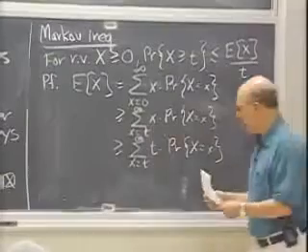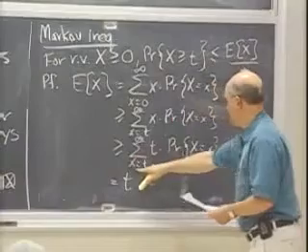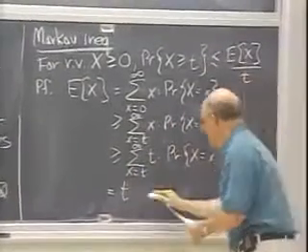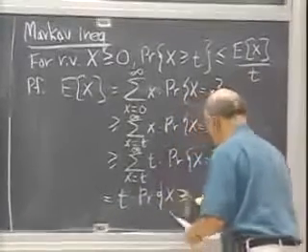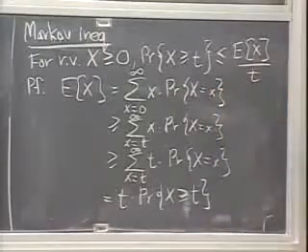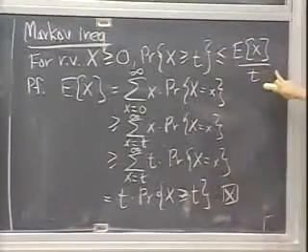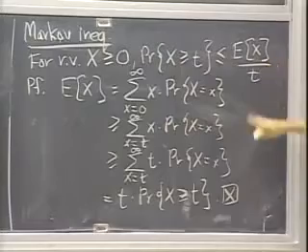And that's just equal to t times the summation, because I can pull that out, and the summation from x equals t to infinity of the probability that X equals x is just the probability that X is greater than or equal to t. And that's done, because I just divide by t. So that's Markov's inequality.